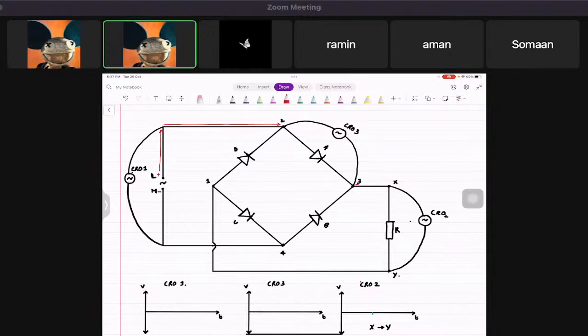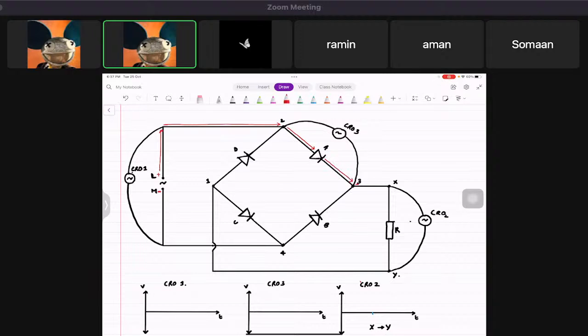So when it reaches point 2, then it has to decide where to go, because D is the reverse biased diode, so there's no other way for it to go than this one. It goes like this, and it is allowed to go because it's forward biased.